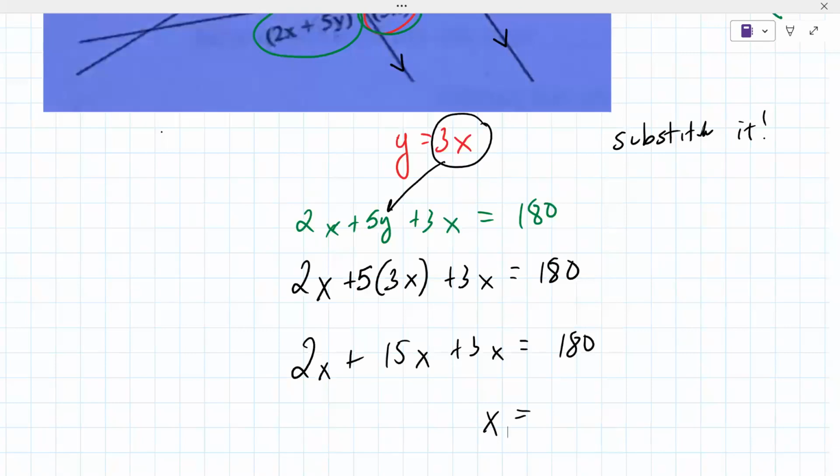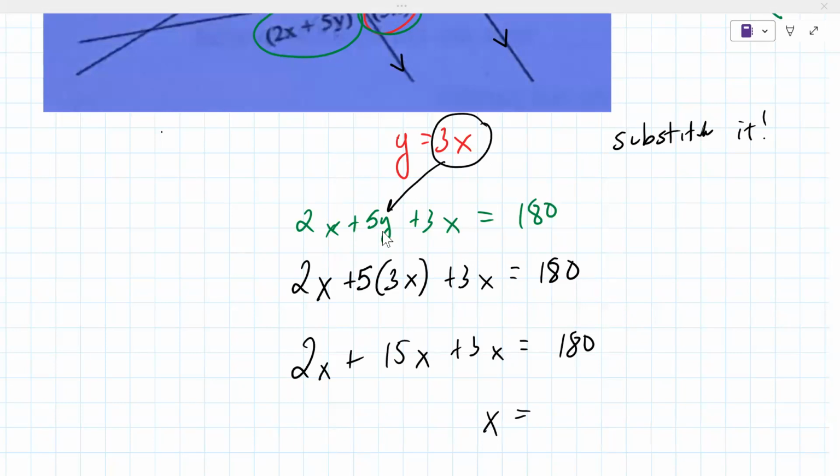Okay, so 2x plus 15x plus... is that a 5 after it?